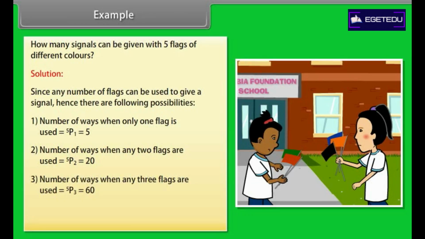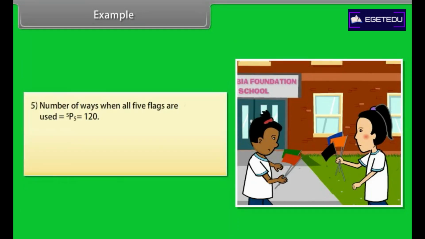Any 3 flags: 5P3 is equal to 60. 4. Any 4 flags: 5P4 is equal to 120. 5. All 5 flags: 5P5 is equal to 120. The total number of signals is equal to 5 plus 20 plus 60 plus 120 plus 120 is equal to 325.